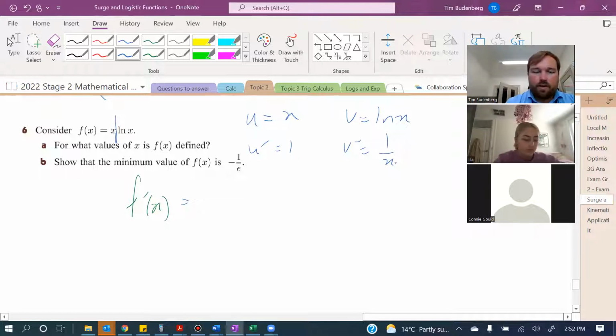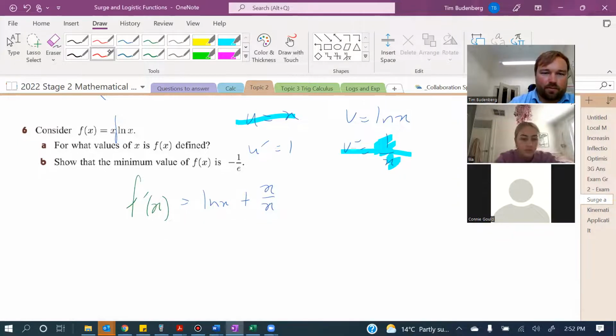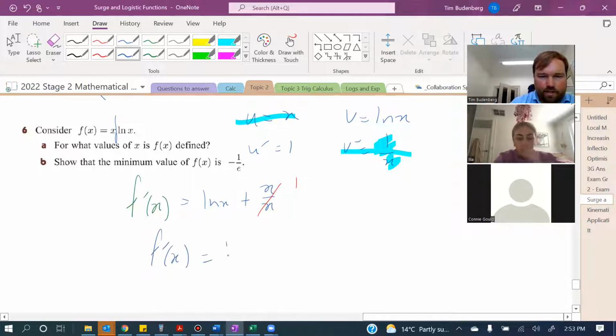So the first derivative, we then do u dash v, which is ln x, plus v dash u, which is really just going to be x on x, and that's just going to be 1. So therefore, f dash x is ln x plus 1.